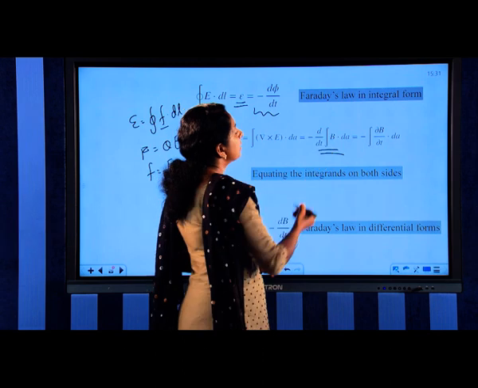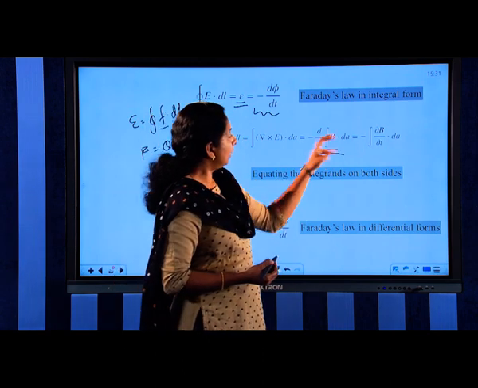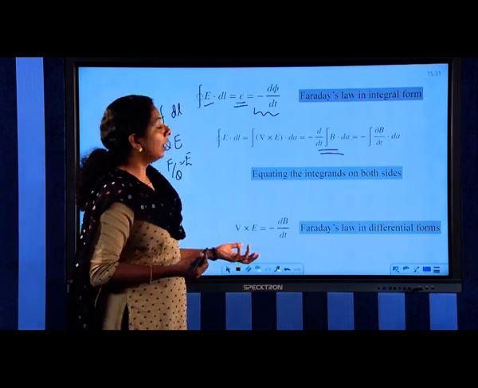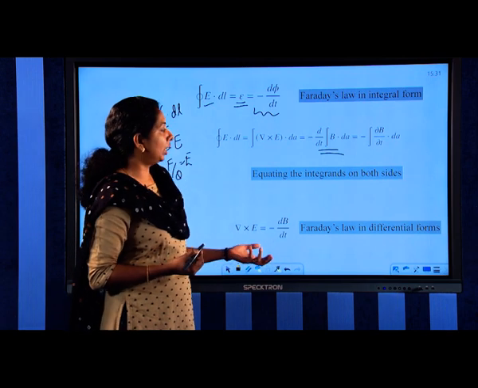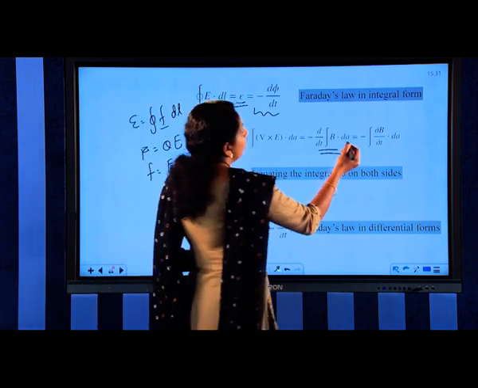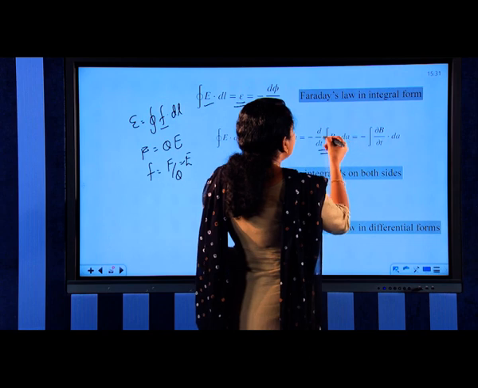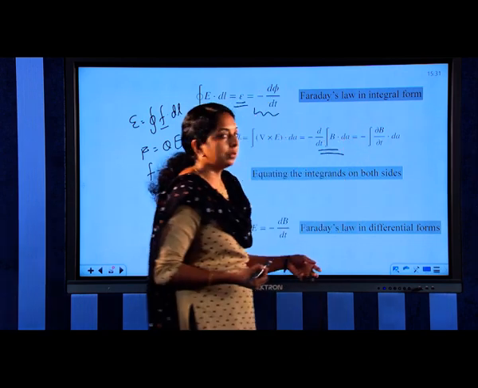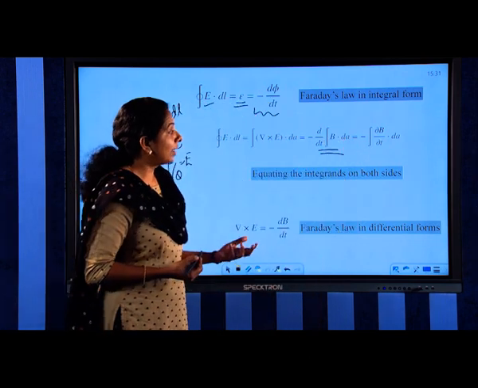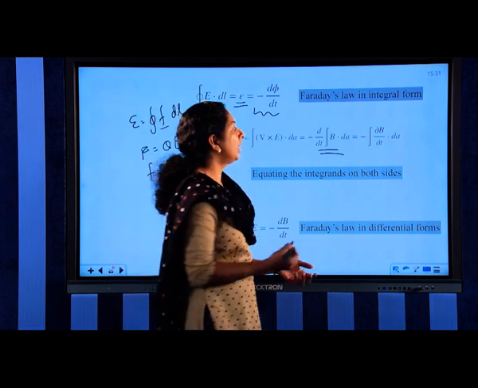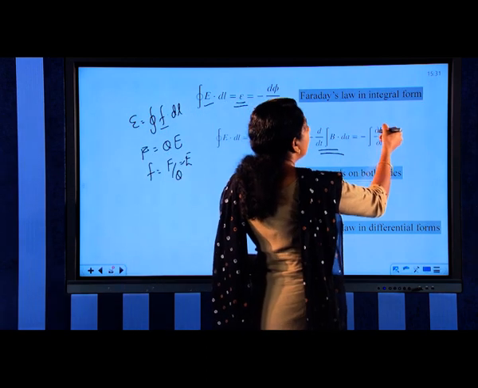Instead of phi, we substitute B dot dA, because phi is the magnetic flux associated with the loop. So, that is equal to minus, taking this d by dt inside because time and space are entirely independent, so we can take the differentiation with respect to time inside.